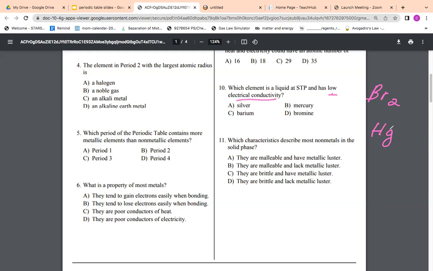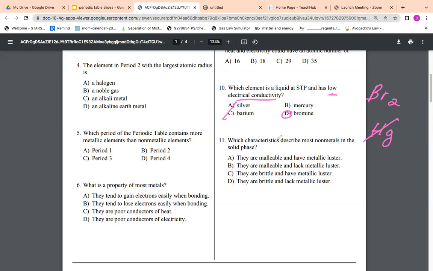So how do you know which one it is, because they're both liquids at STP? Well, mercury, even though it's a liquid, is still a metal. So it has high electrical conductivity. So it's not going to be this one. Bromine is a liquid at STP, and it is also a nonmetal. Nonmetals have very low electrical conductivity. So you're going to want to go with bromine.